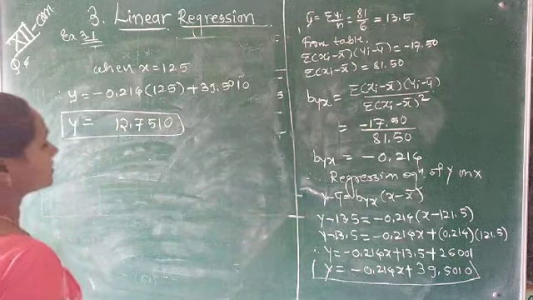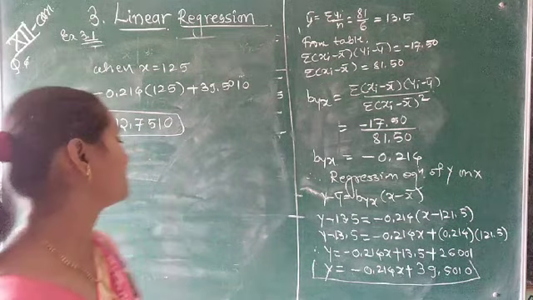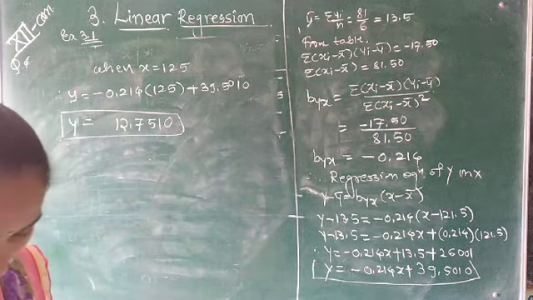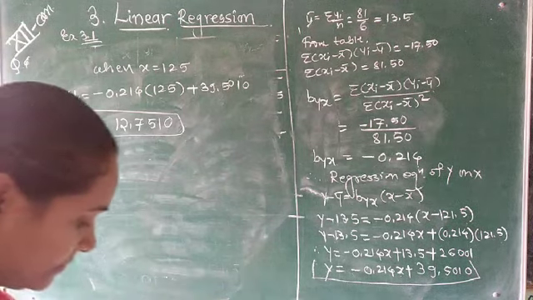So if x is equal to 125, then the value of y is 12.7510.